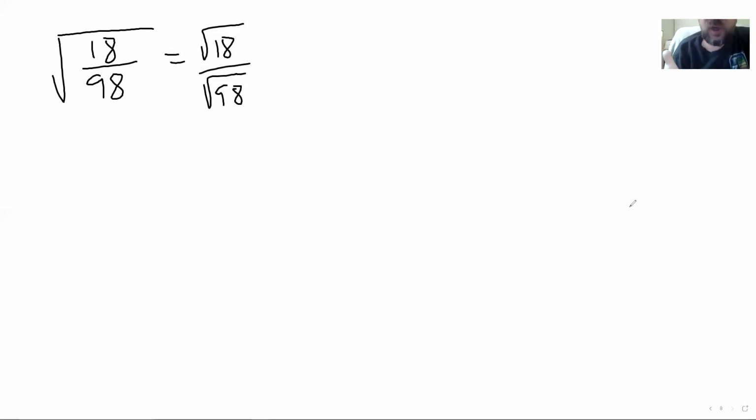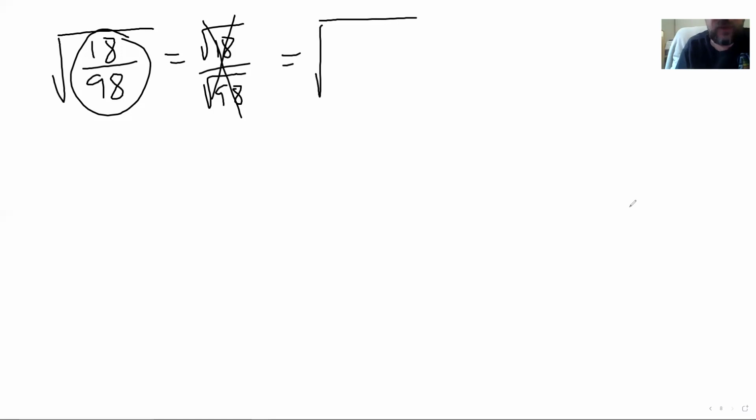The first thing I want to do is simplify under the radical. If there's stuff you can cancel under there, cancel it, because that's going to make your job easier, at least in general it will. So those are both even. So what I'm going to do is I'm going to write that, and instead of splitting up the radical right away, I'm going to write it as the square root of, when I pull a 2 out, I get 9 over 49. And now this is easy.